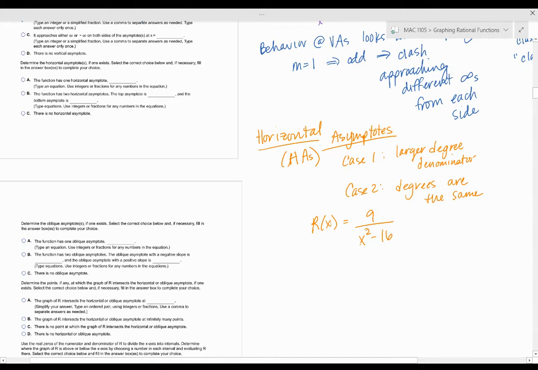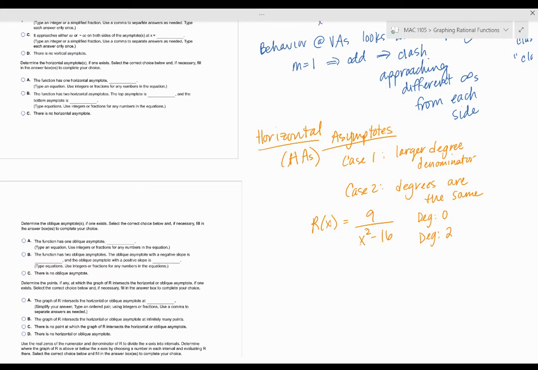The degree in the numerator is 0, there's no variables there. The degree in the bottom is 2. Now, when you're looking for horizontal asymptotes, the difference in the degrees can only be by 2.